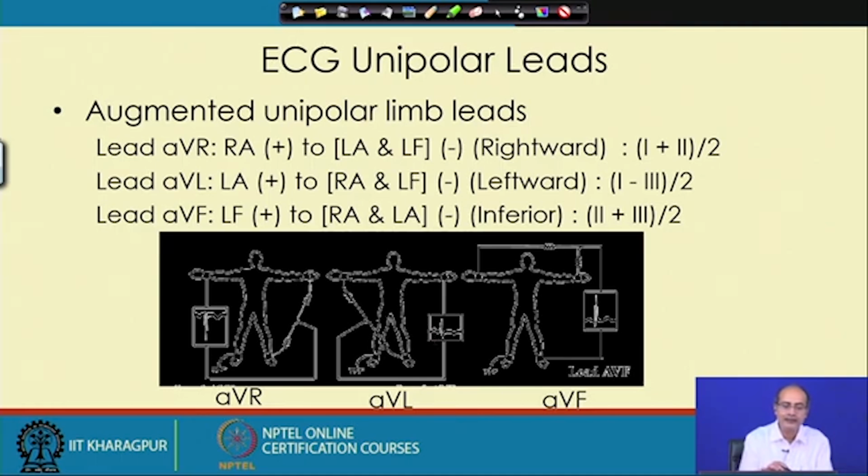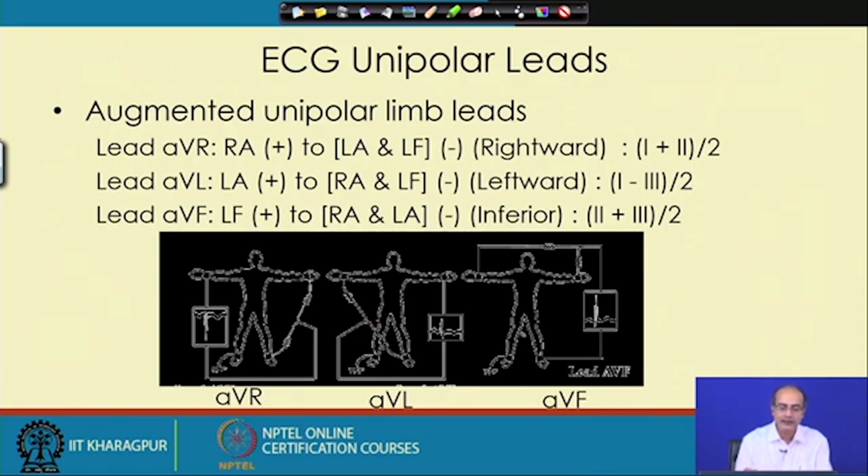The second one is AVL. Here the single lead is connected to the left arm, and the midway potential between the right arm and the left leg provides us the reference.